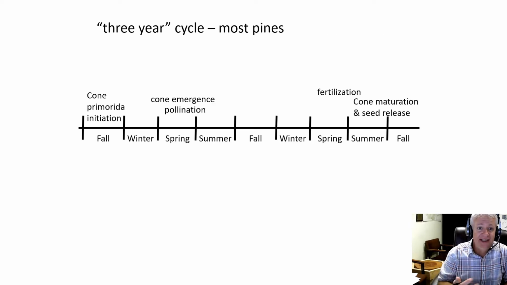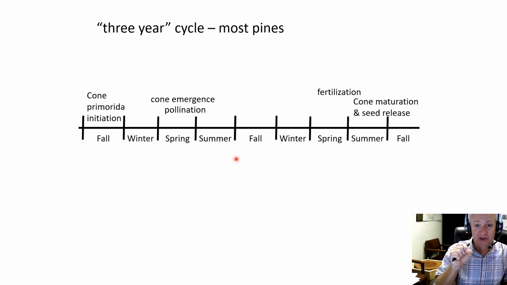So then the 3-year cycle, which is typical of most pines, is interesting in that its first few steps are similar: cone primordia are initiated in the fall, those buds overwinter, the staminate and ovulate strobili emerge in the spring, and the pollen flies and lands on the ovulate strobili in the spring.